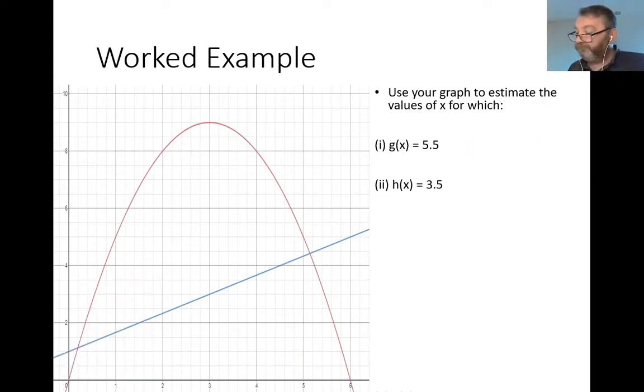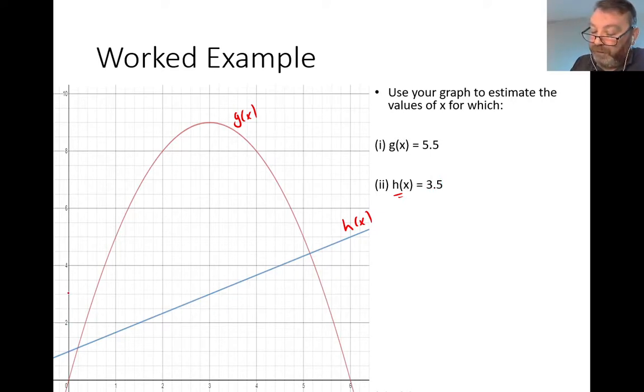Second question. h of x equals 3.5. Now, h happens to be the line. See that? g of x is the curve, and h of x is the line. So now they're trying to find out where the line function gives me an output of 3.5. Well, first of all, h of x is giving me an output, a range value of 3.5.